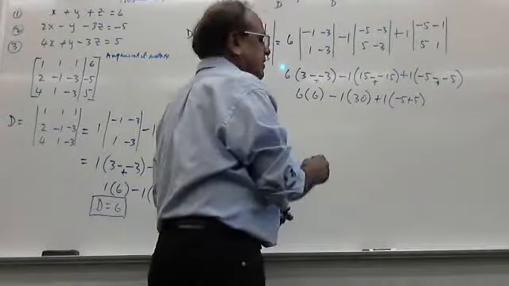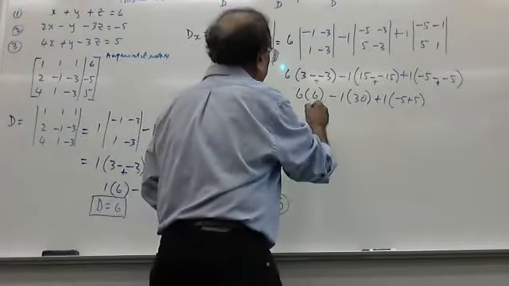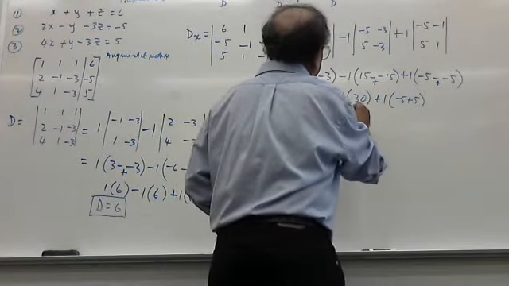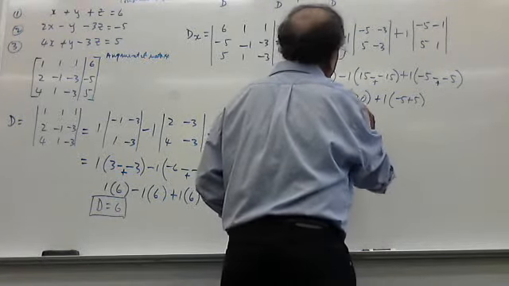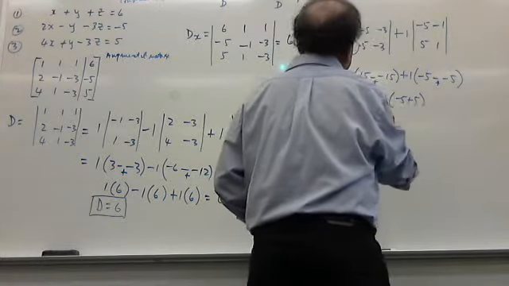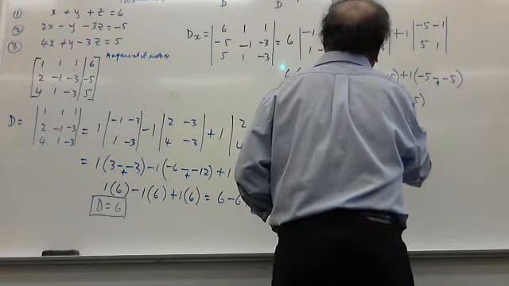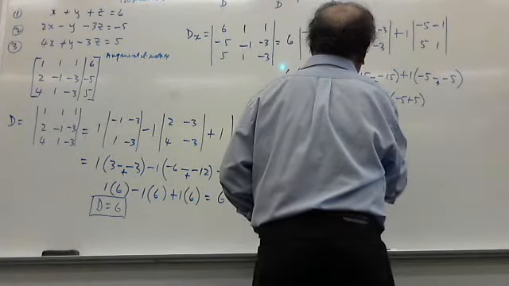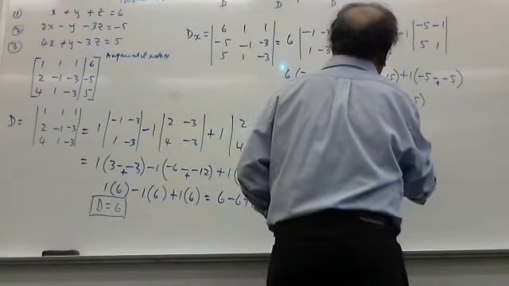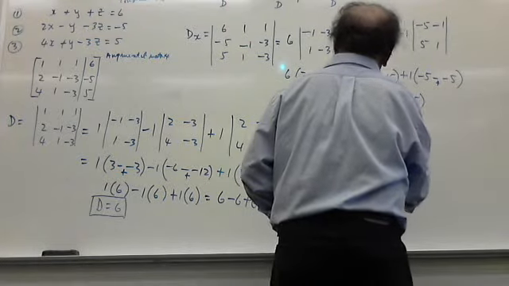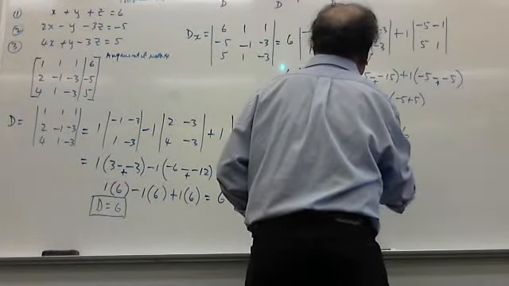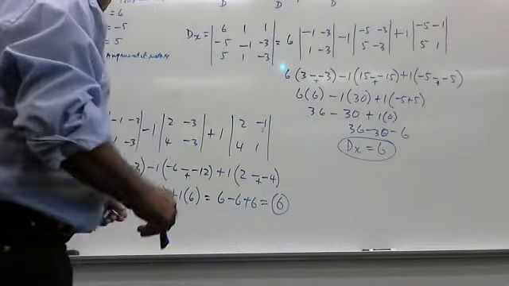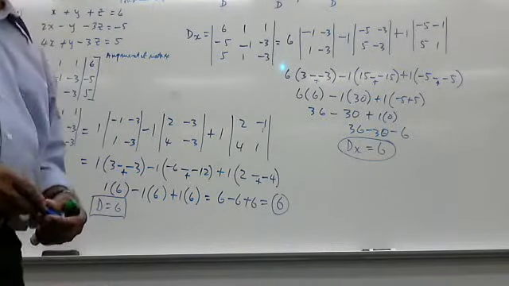So if we simplify this a little bit, this will give us 36 minus 30, and then this is going to give us here 1 times 0, and this is going to give us 36 minus 30, and this gives us 6. So d sub x is equal to 6, which is the same also as the determinant d.